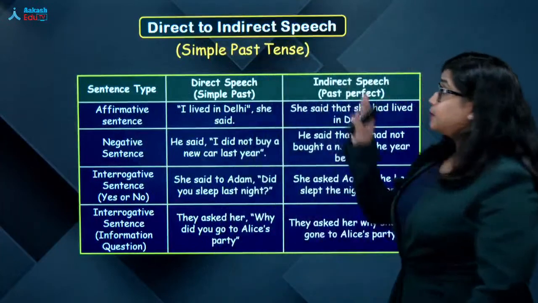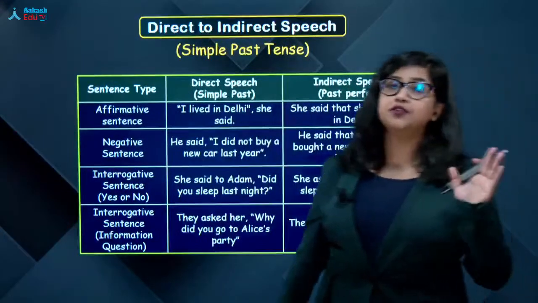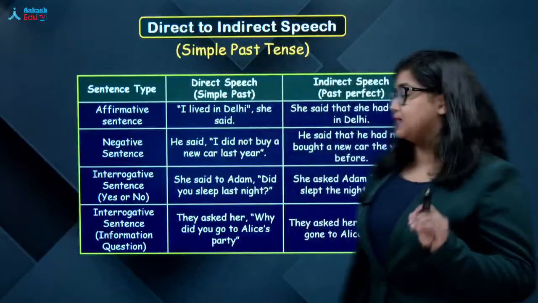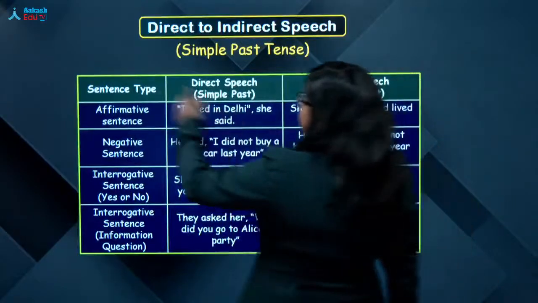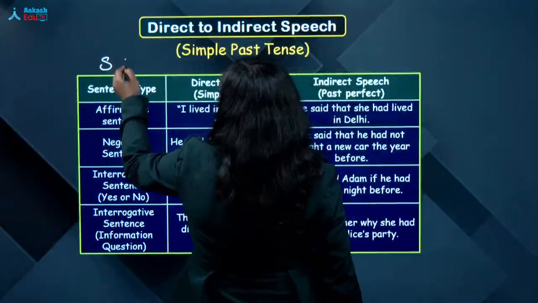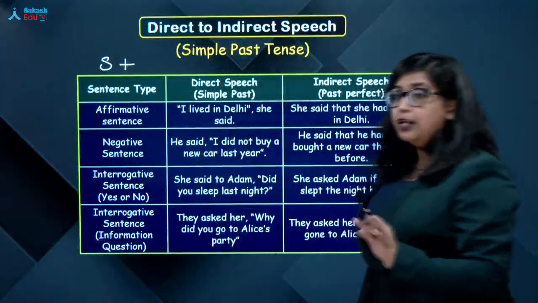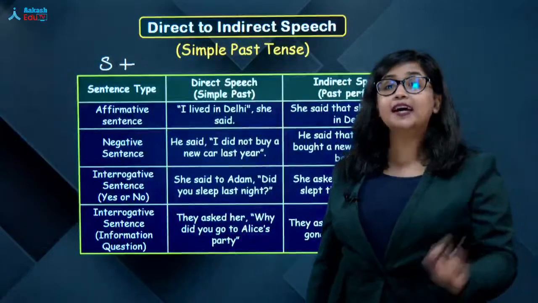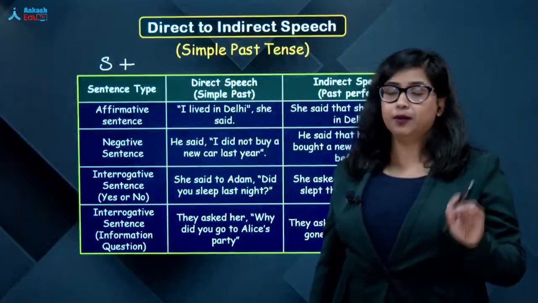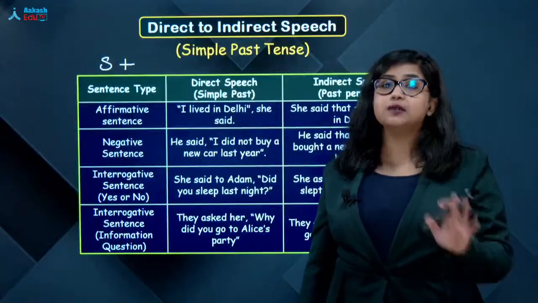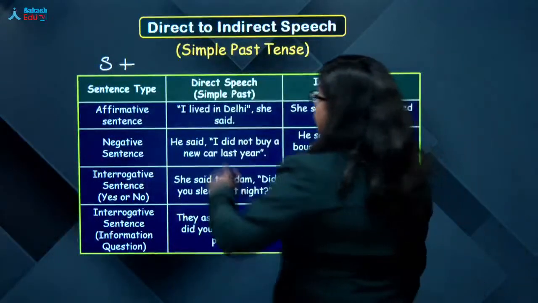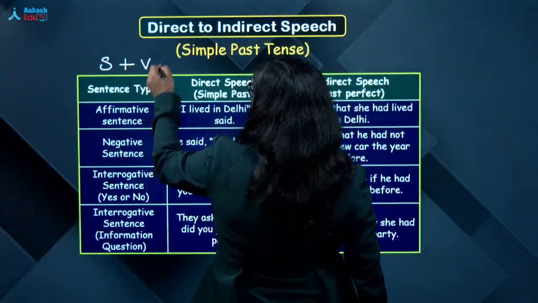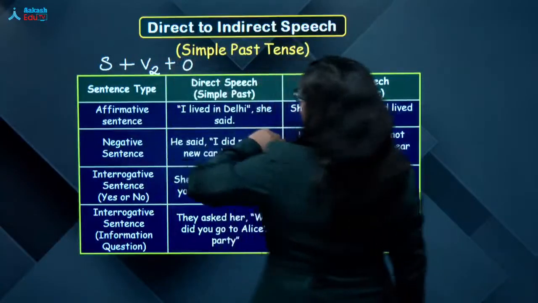Alright, so simple past tense. Now, how do we frame a simple past sentence? Very easy. Once again, you'll start with your subject as usual. Then you will use your second form of verb, which is V2. V2 is the past form of verb. So, subject plus second form of verb plus object.